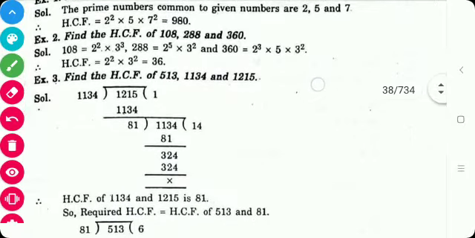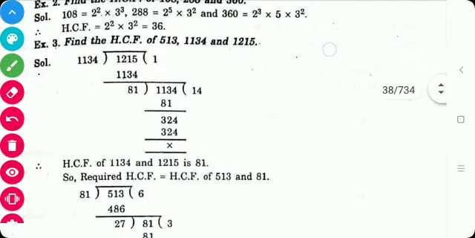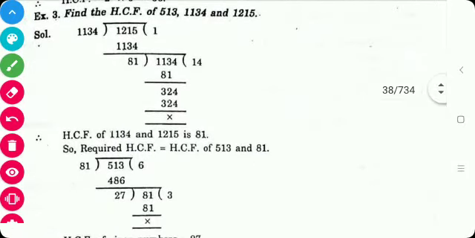Then the next method is the division method. The example is: find the HCF of 513, 1134, 1215. First of all we have to find the HCF of any two numbers. So we will take 1215 and 1134. We divide the larger number by the smaller number.